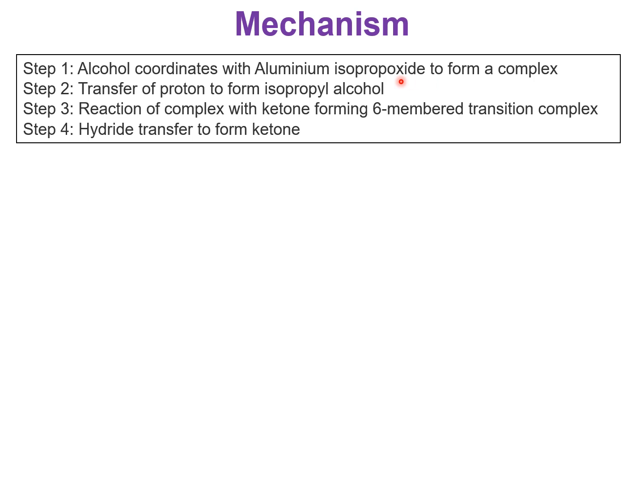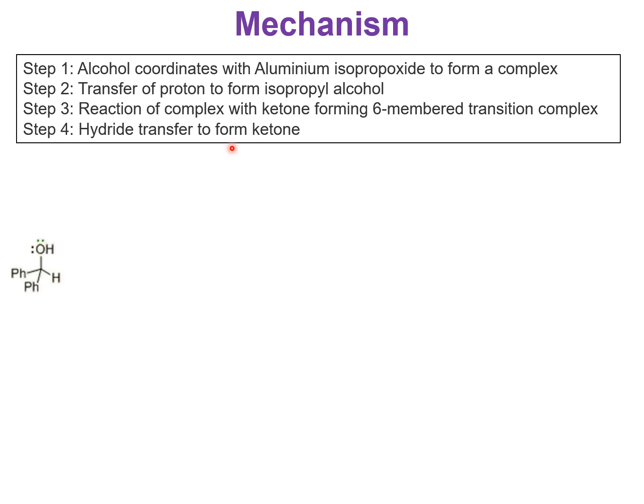If here we use tertiary butyl oxide, then there will be formation of butanol. Now this complex reacts with the excess of ketone which we have taken as a proton acceptor and they form a 6-member transition complex in such a way that carbonyl group of this ketone is in vicinity with our alcohol. So there occurs transfer of the second proton but in the form of hydride, that is H minus.